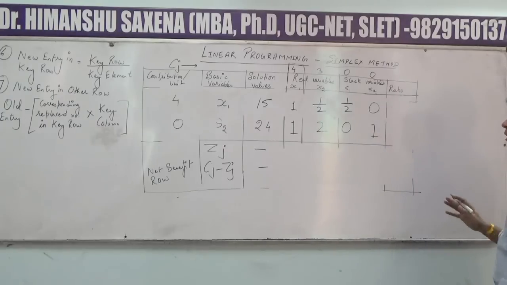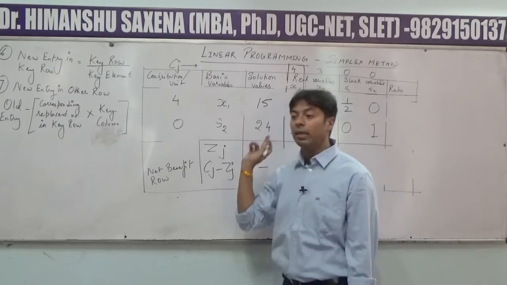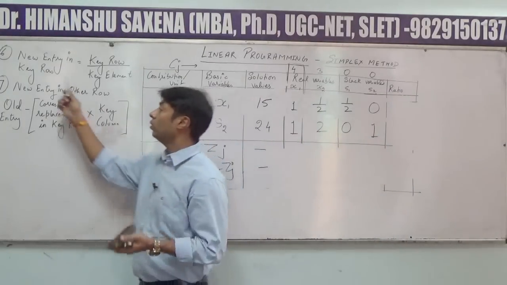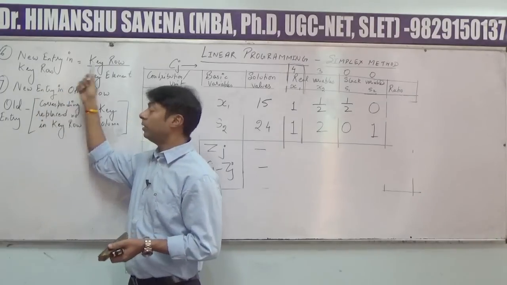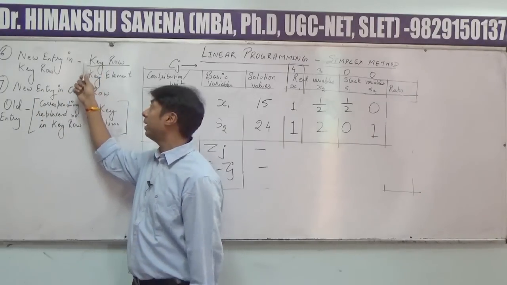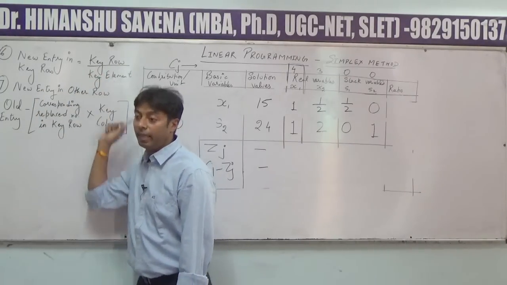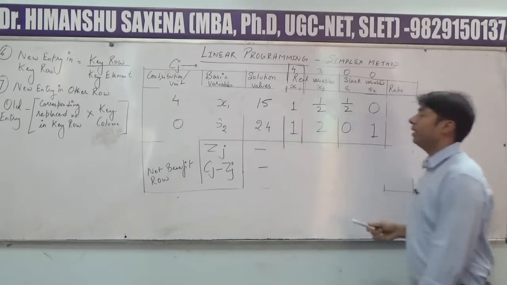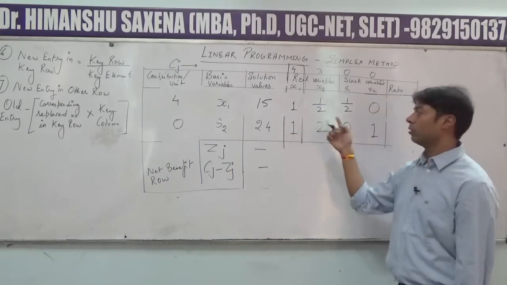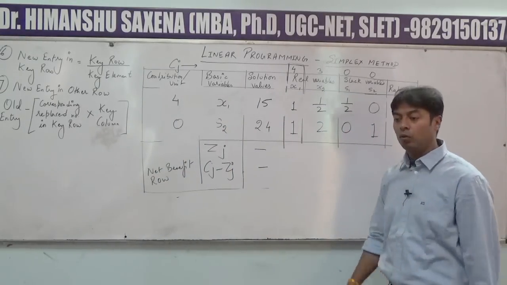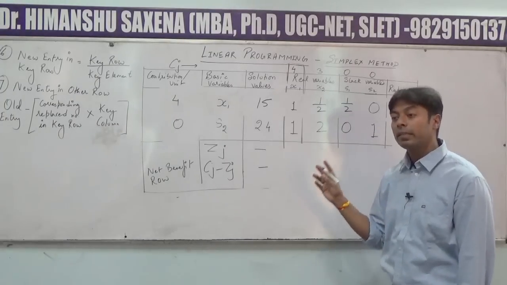So first of all, we will have to change the key row. And how will this key row be changed? It will be changed with the help of this formula which says key row divided by key element. Right? So take down this row. This was the changing of the row which was earlier the key row.